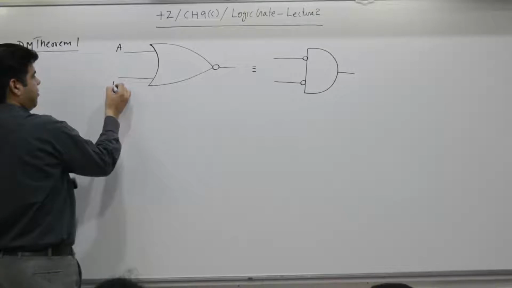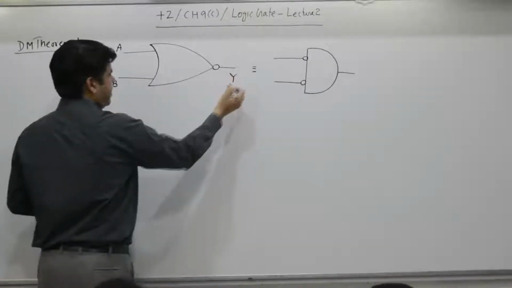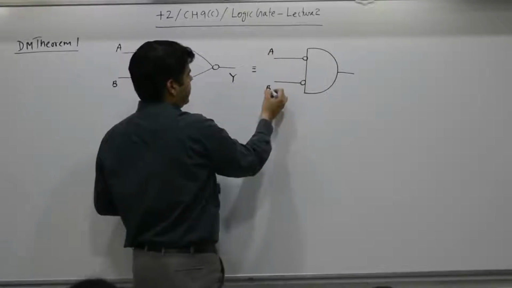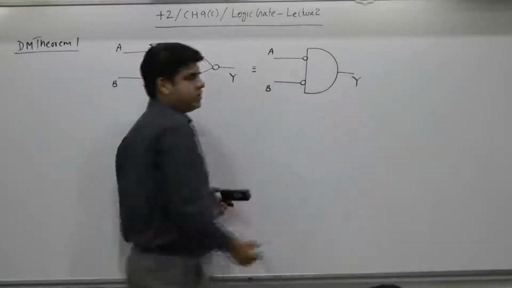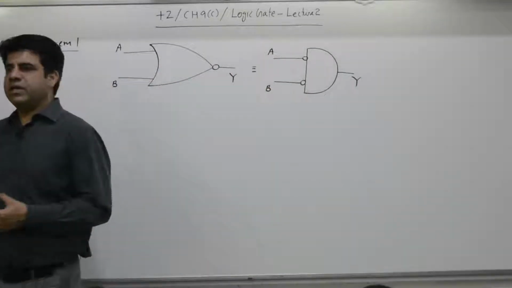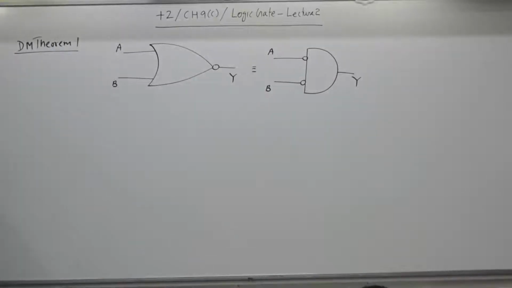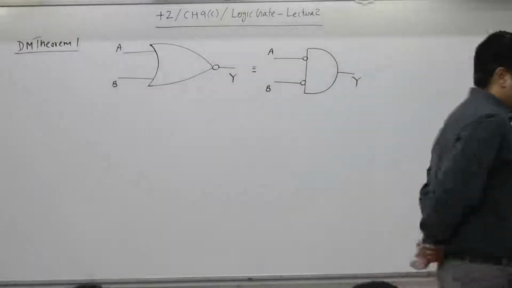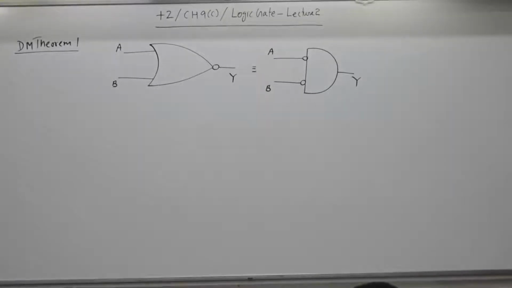A, B, Y. Write the equation for this one. A, B, Y. Write the equation for this one also, then make the truth table and confirm whether it is correct or not. You have to write equations and the truth table.